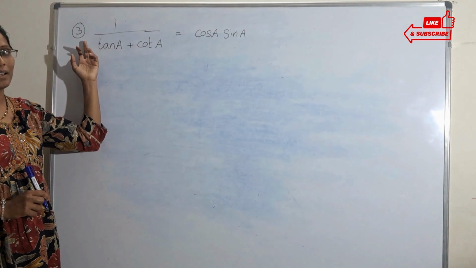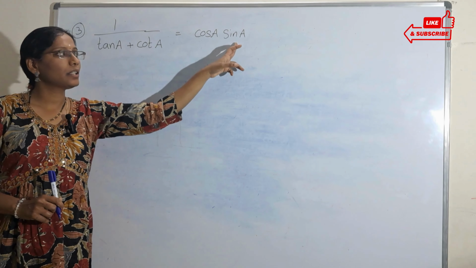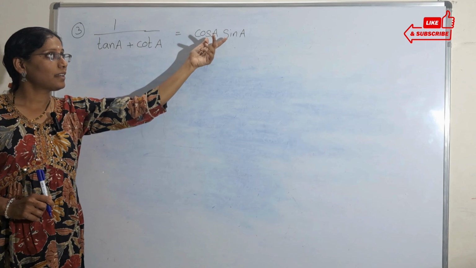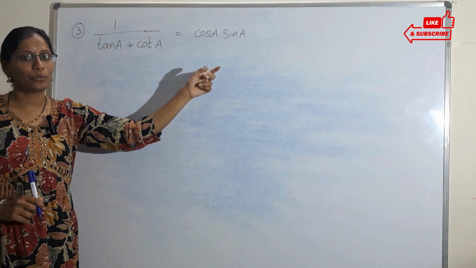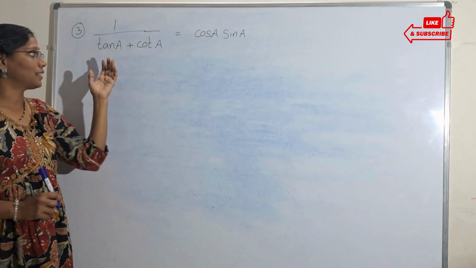Next problem is 3. 1 by tan A plus cot A is equal to cos A into sin A. On the right hand side, cos A into sin A, we have to prove. So we have to write the LHS in terms of sin and cos.